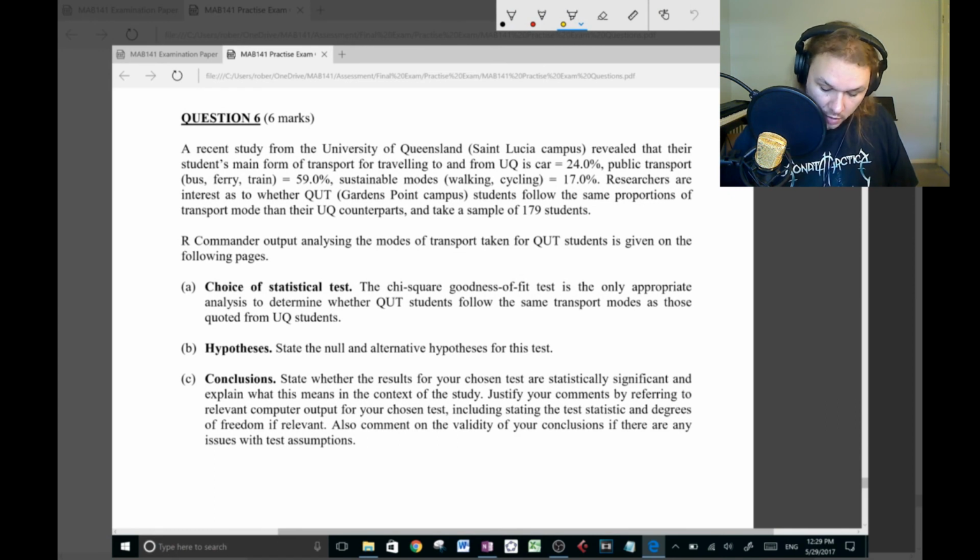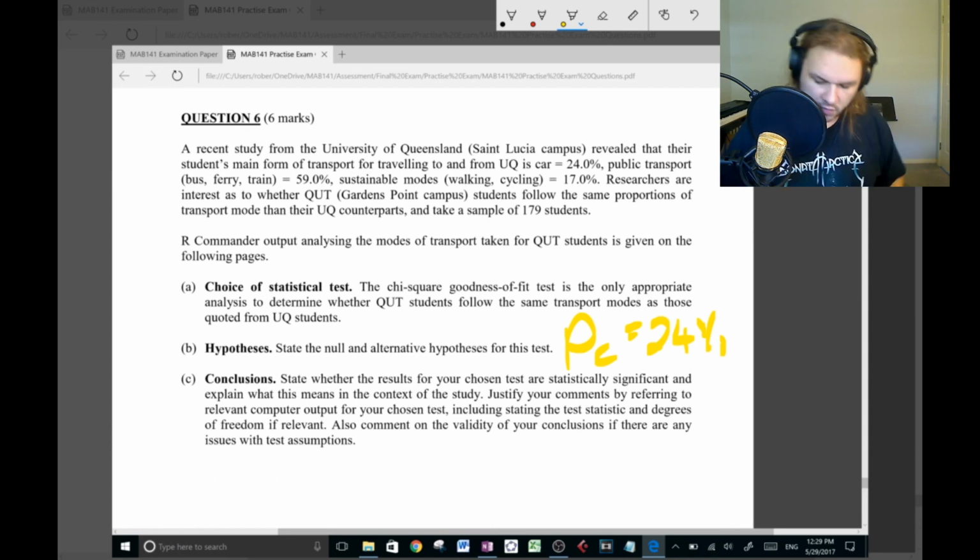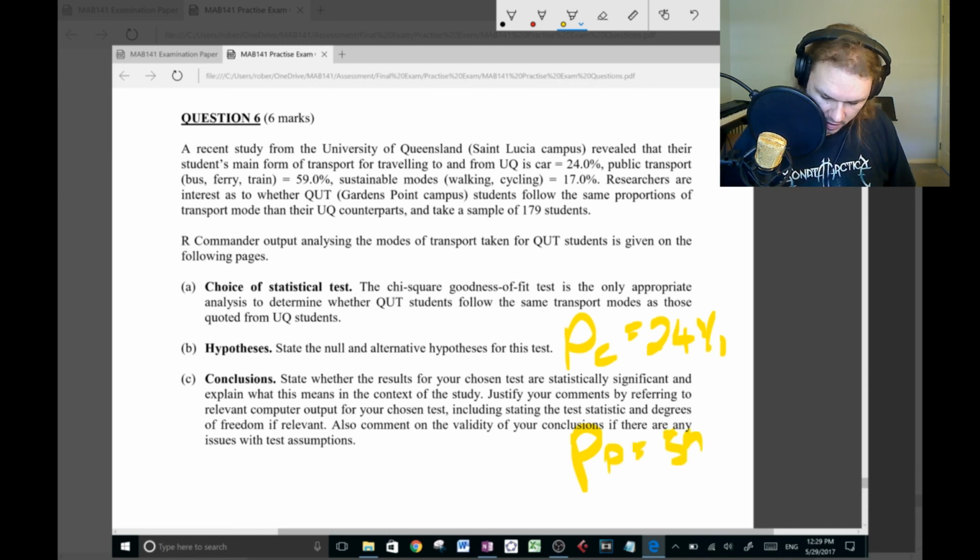Well, the null hypothesis will be that the proportion associated with car will be 24%. So here PC is the proportion of QUT students who travel by car, and the proportion of QUT students who travel by public transport will be equal to 59%, and the proportion of QUT students who travel by sustainable modes will be 17%.